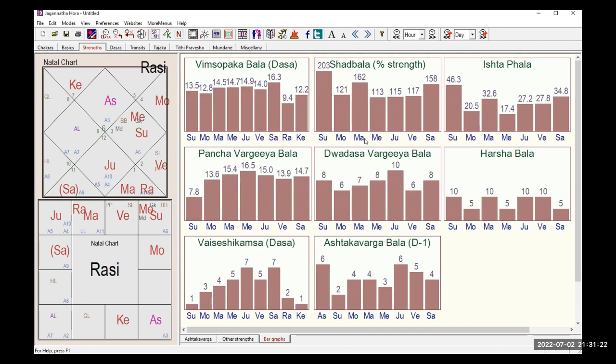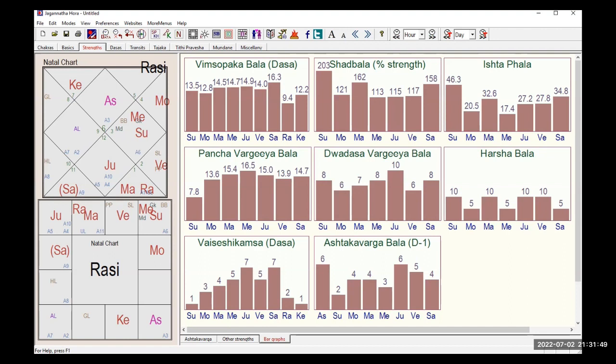If a planet is having below 100%, it is considered as a weak planet. If a planet is having more than 100%, it is considered as a powerful planet. Not good, I'm saying powerful planet. So don't take Shadbala as good or bad. It is only about the strength.